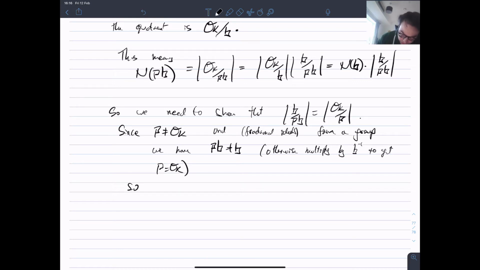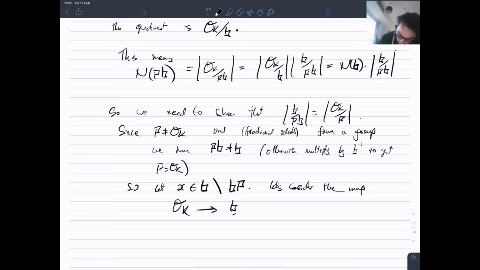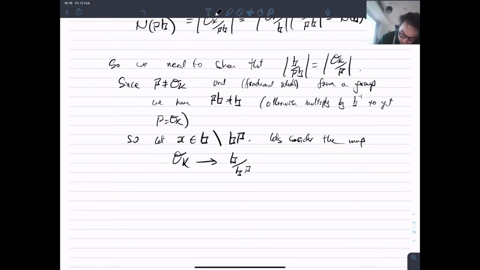So because these two ideals aren't the same, I'm going to pick some element which is in their difference. Let X be some element in this ideal B, but not in the subgroup B times P, which I know exists because these two ideals aren't the same. And let's consider the map from OK to B over B times P, given by: you send an element A to A times X, and then you reduce mod this ideal.